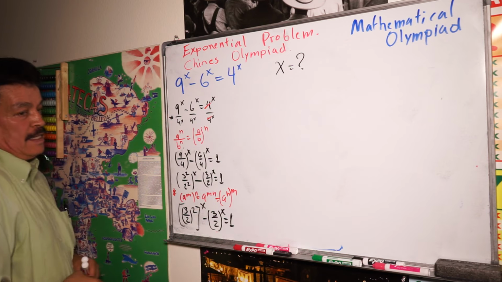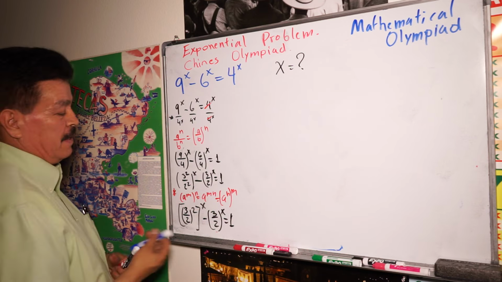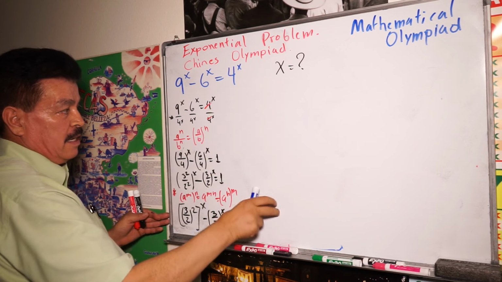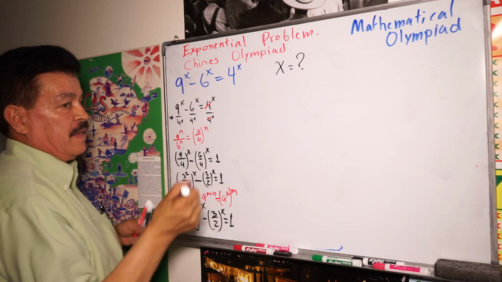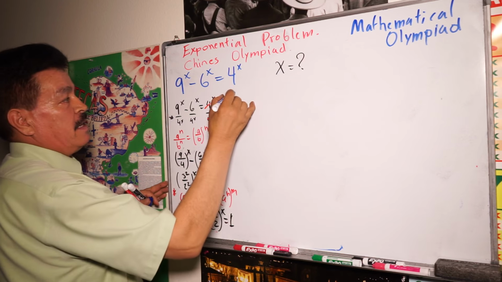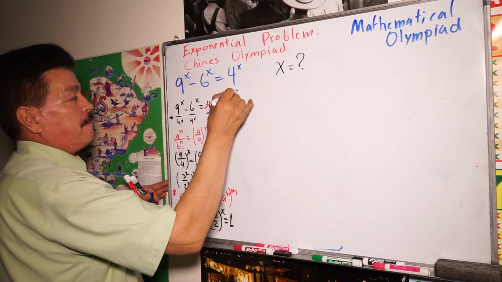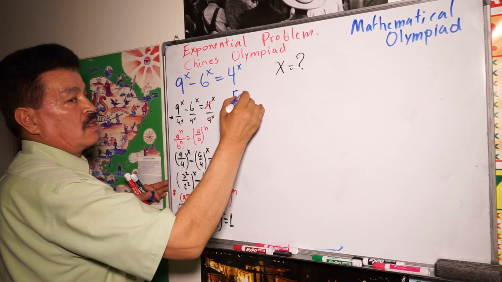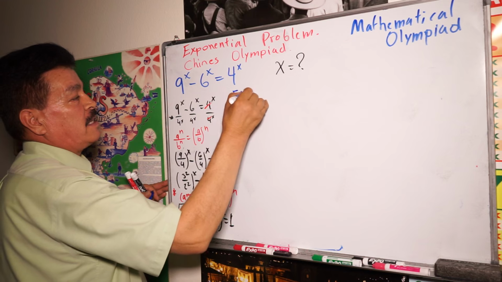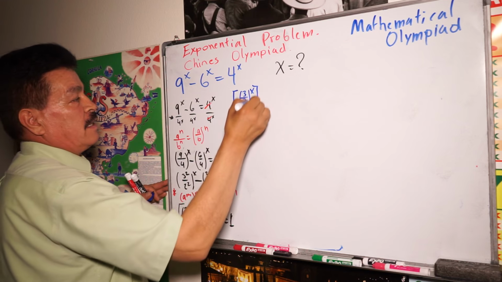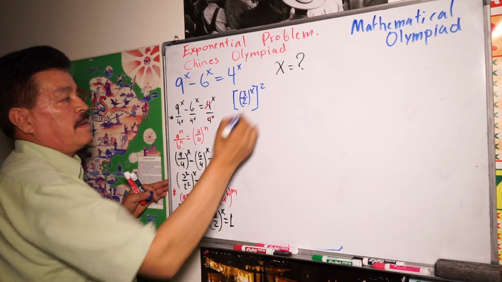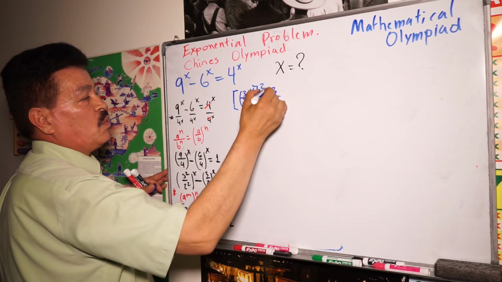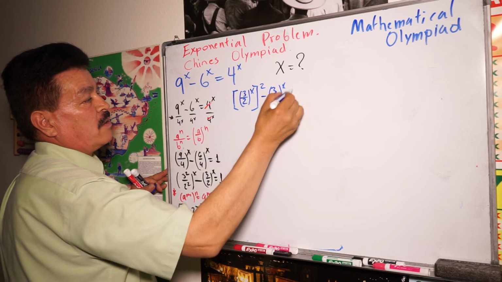Right? So we are here. I will continue right here, another line. Next step: open bracket 3 divided by 2 to the x power, everything to the second power, minus 3 divided by 2 to the x power equals 1.